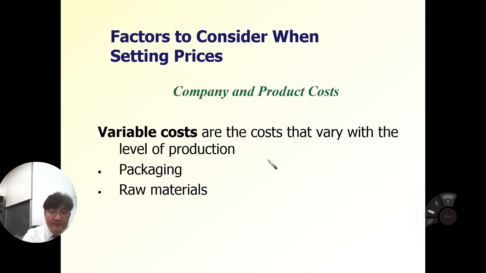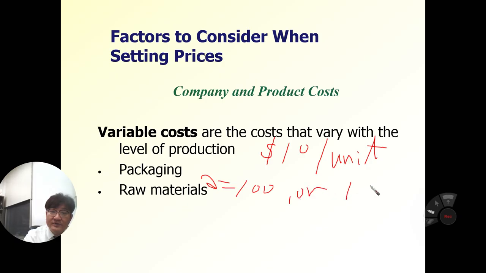For example, suppose the variable cost is $10 per unit. It's going to stay $10 per unit even if you make 100 or 1,000.